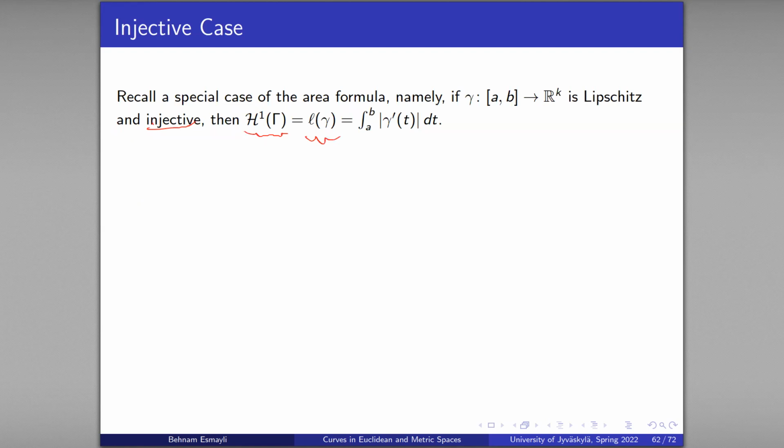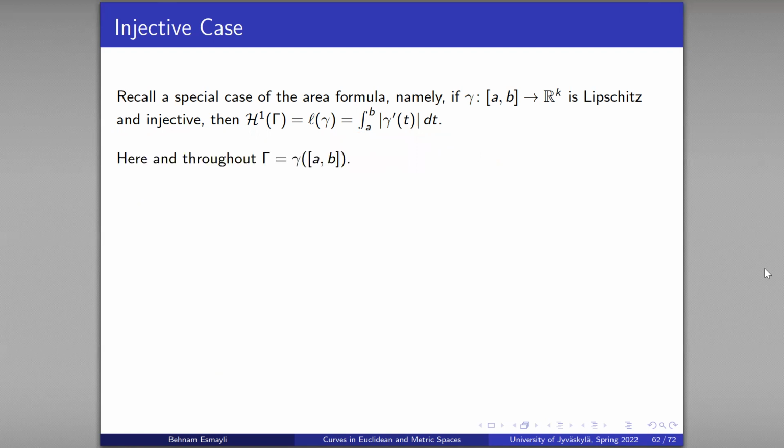This is the same as variation of gamma, which is defined through the supremum of mutual distances of a partition, just to show what these objects are. And then as a third claim, that quantity equals the integral of the speed of the curve. Gamma prime exists by Rademacher's differentiability theorem almost everywhere, so this integral is well defined.